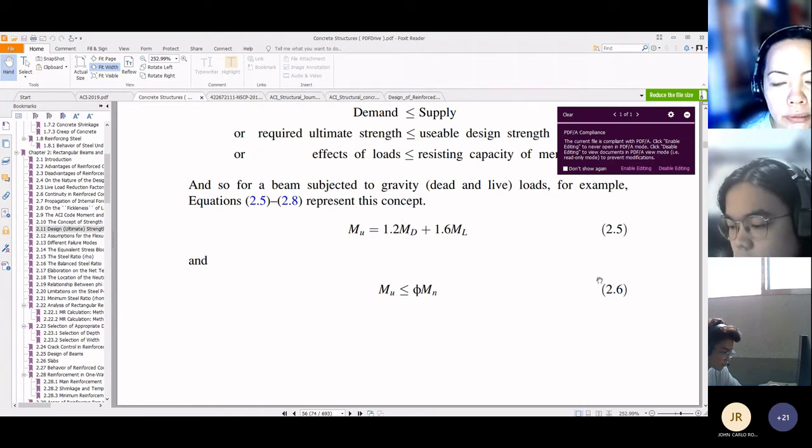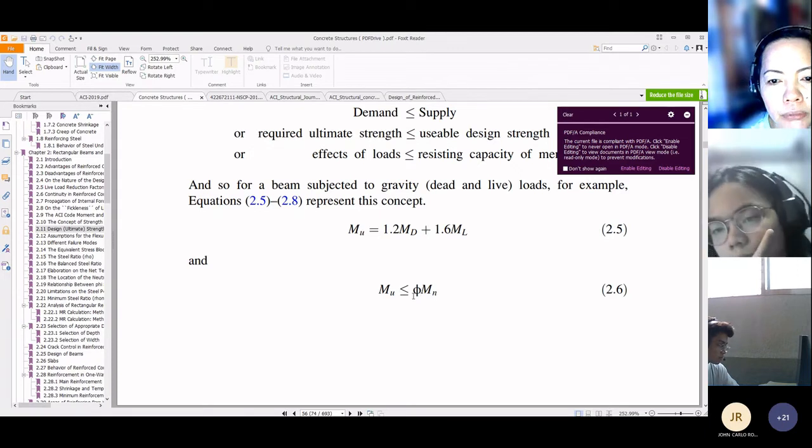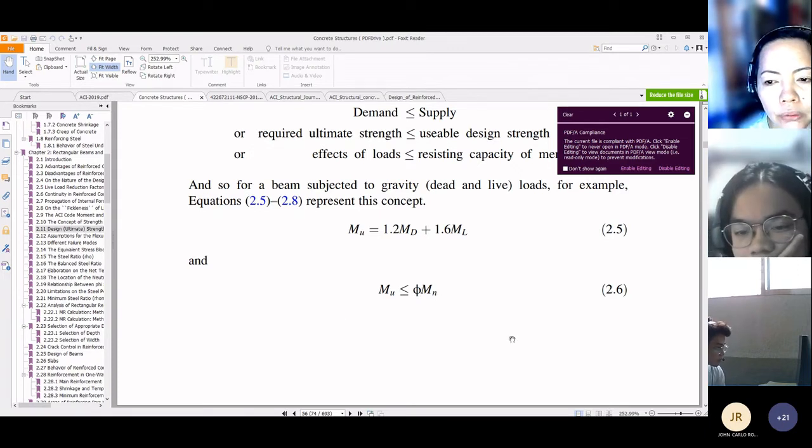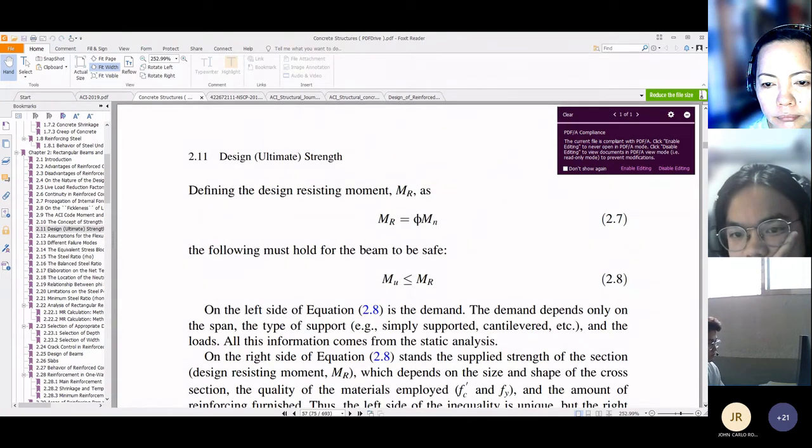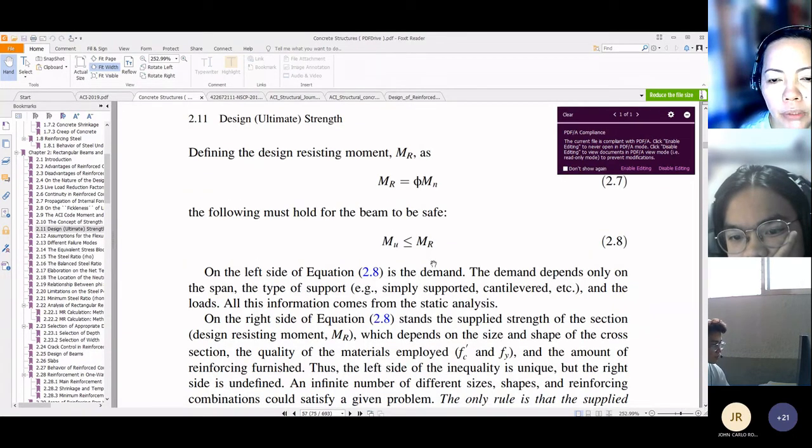But basically, the 2.6 equation, wherein the ultimate moment should be less than or equal to the nominal moment multiplied by the strength reduction factor, will be followed. It's still enforced. Okay, so you have the design resisting moment, and you have the equation that the ultimate moment should be less than or equal to the resisting moment.